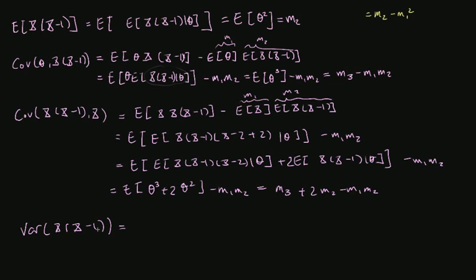You know what? You can do this calculation on your own, because this video is getting way out of hand. It's getting way too long. So just try to do this on your own and get the result m4 plus 4 m3 plus 2 m2 minus m2 squared. Yeah, it's a good exercise. And if you don't get that, you can always look at the PDF solutions.